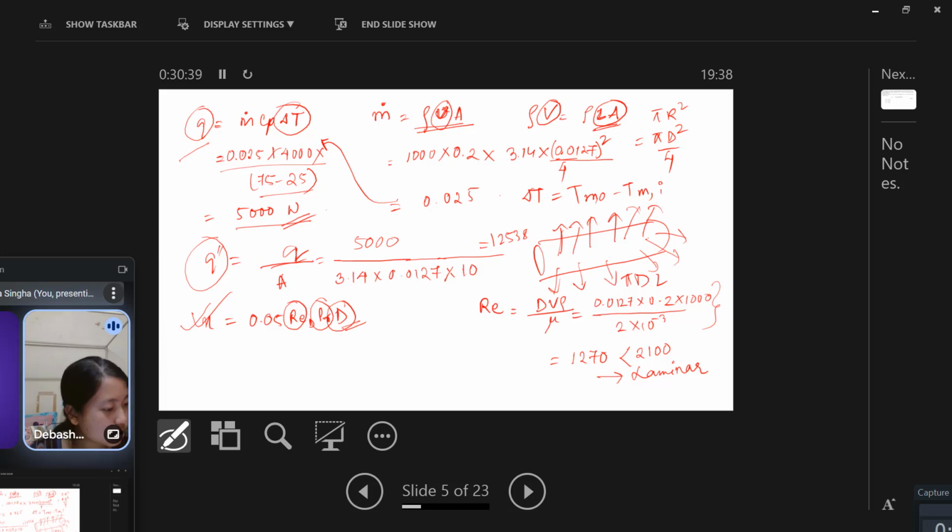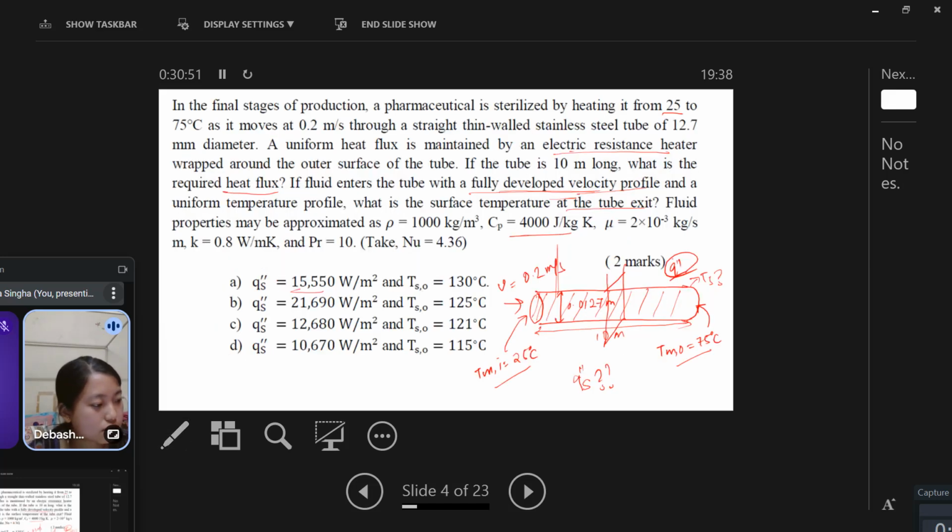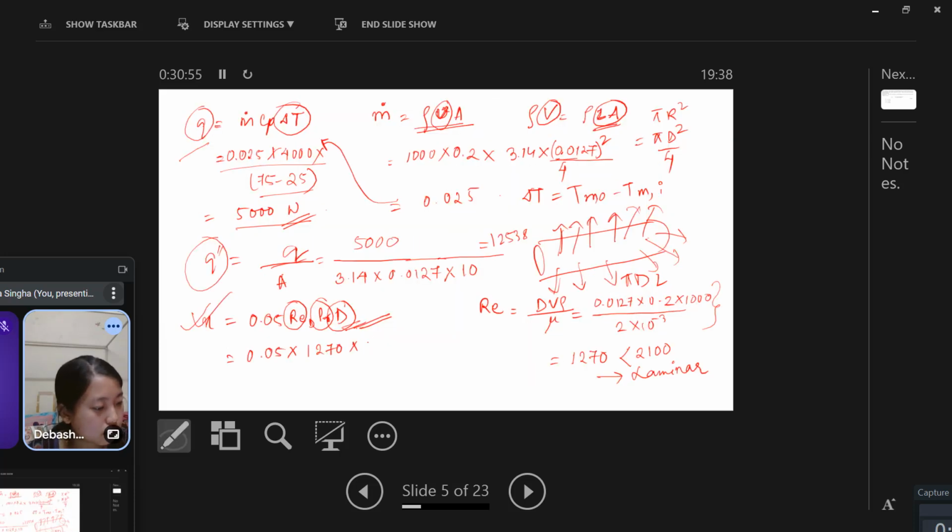So for laminar, this is the way to check the fully developed condition. So 0.05 into 1270 into Prandtl number, which was given as 10, into D, which is 0.0127.